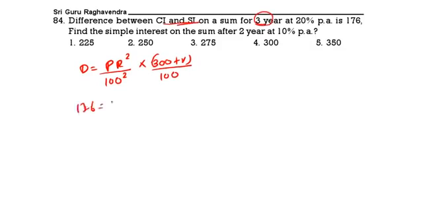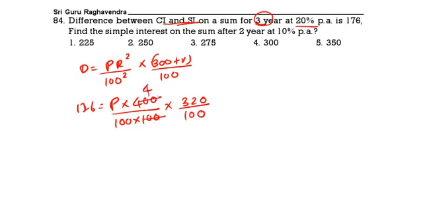176 is equal to P into R is 20, 20 square is 400 by 100 square, that means 100 into 100, into 300 plus R, that means 320 by 100. Now if you do the calculation, 176 into 1000 by 32 into 4.